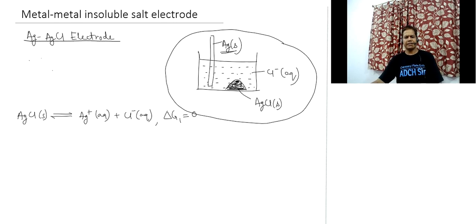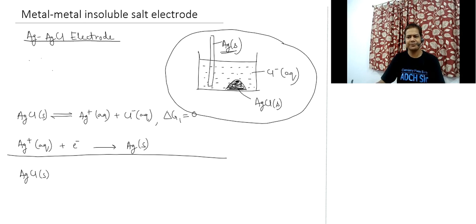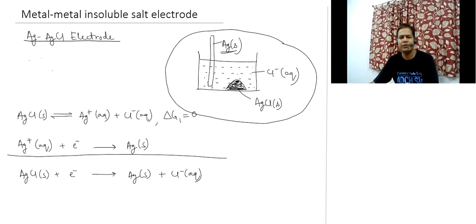Then the Ag+ ions will be reduced to give metallic silver. The overall electrode reaction at cathode can be written by adding the two reactions: AgCl solid plus electron giving Ag solid plus Cl- aqueous. So this is the electrode reaction at cathode for the metal insoluble salt electrode.